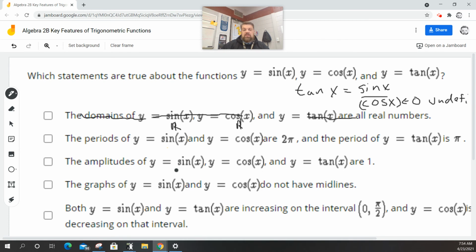Sine of x and cosine of x, the period is 2 pi, and the period of tangent is pi. Well, that's true. That's something you could just memorize. Let's just bubble that bad boy in. That's true.